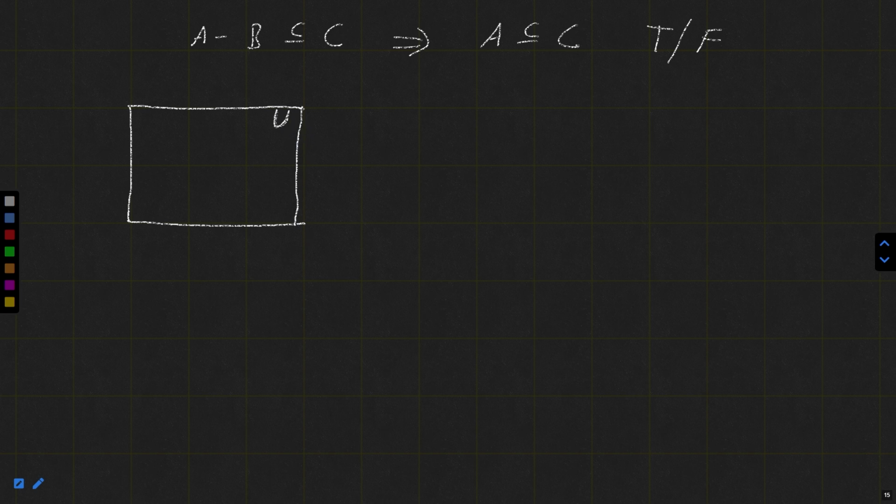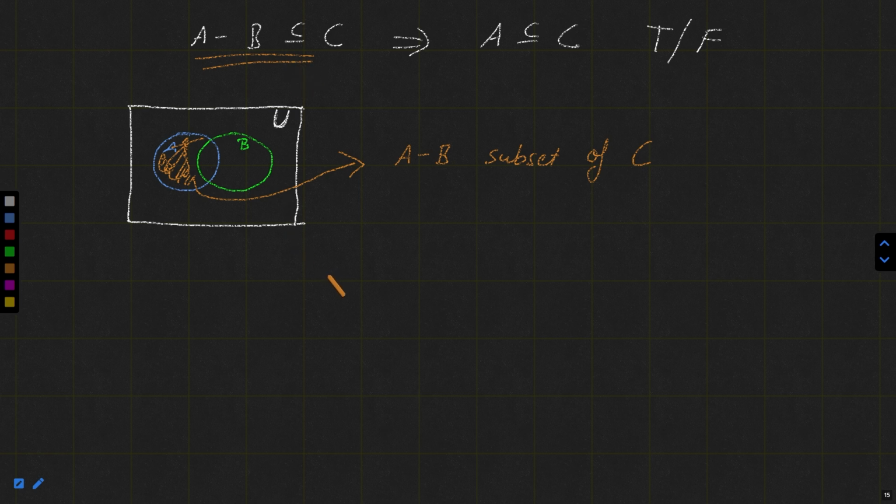This is the universal set, the capital U, and the A set is here, the B set is here, and we are talking about A minus B. A minus B means elements that are in A but not in B. So these elements are in A but not in B. This yellow shaded area is A minus B. Simple.